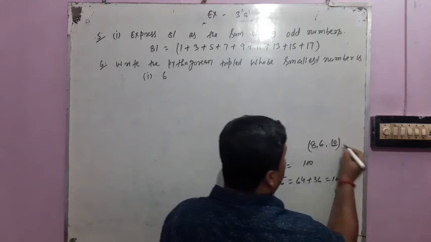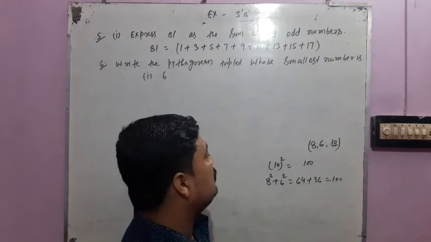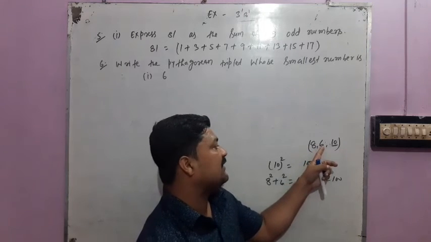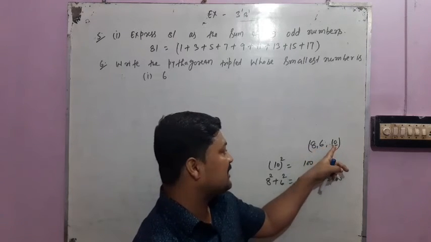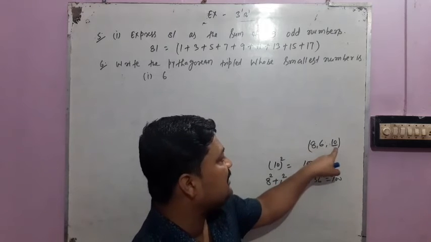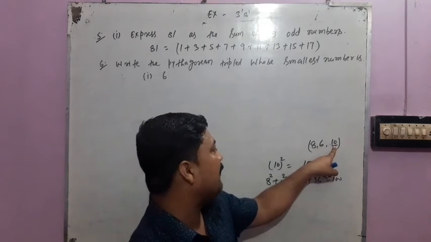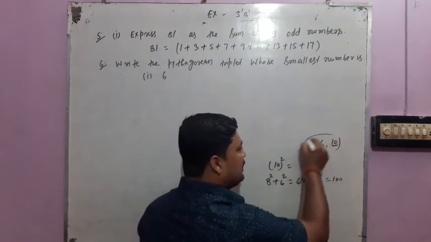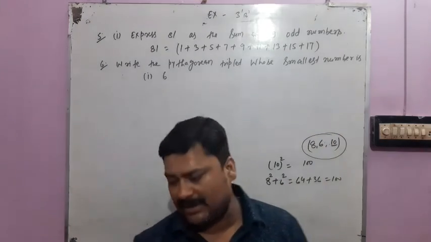Here the square of 10 is 100, which is equal to the sum of the squares of the other 2 numbers: the square of 8 is 64 and the square of 6 is 36. The greatest of these 3 numbers is 10, and its square equals the sum of the squares of the other two. So such a set of 3 numbers is called a Pythagorean triplet.